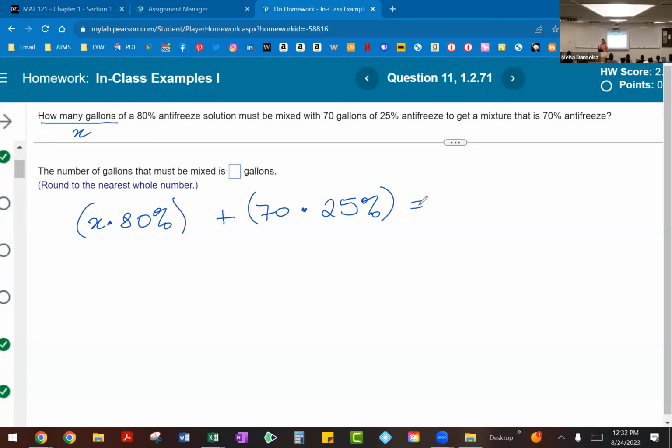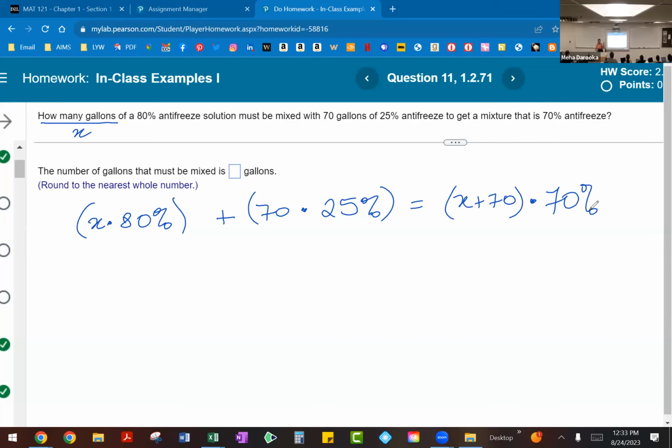Yeah, exactly, X, because we don't know how much of the 80% solution we're using, but we're calling it X. And we know 70 gallons of the second solution, so this will be X plus 70 for the quantity. Then you're multiplying that by the concentration of 70%. Each quantity gets multiplied by the concentration.